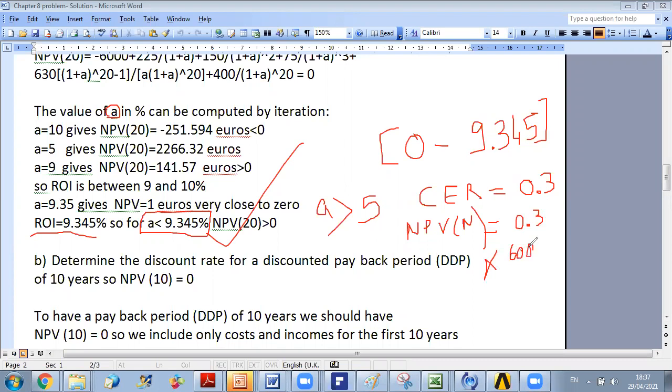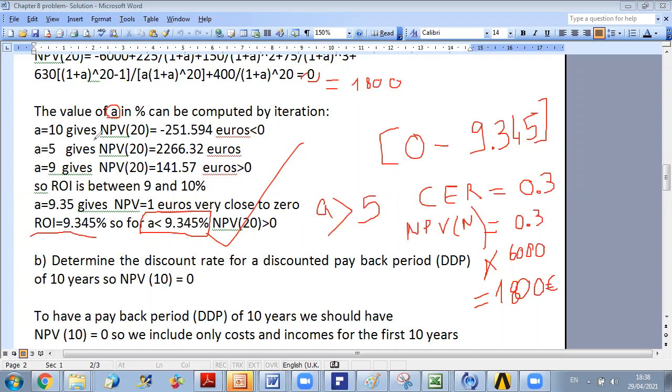So I say that NPV at year end should be 1,800 euros. So what will be different here is just that, instead of having 0, I should set it equal to 1,800.